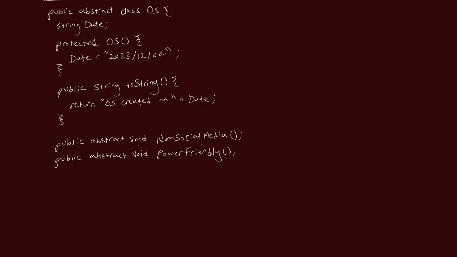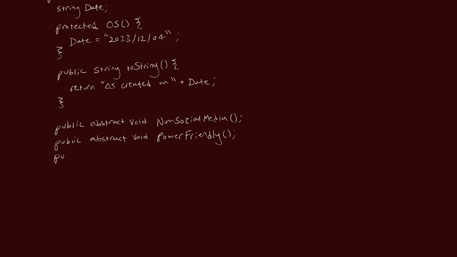And then we'll do another method, public abstract void isFoldable. So is the device that the operating system is on foldable? All right, so that looks good.